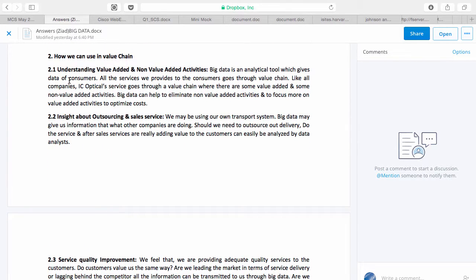So how about this? How can we use it in the value chain? Anyone else who attempted this question, can you give me your view on that? Is it saved in our Dropbox?